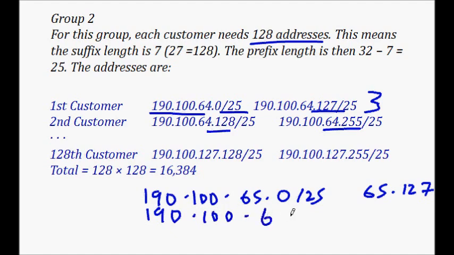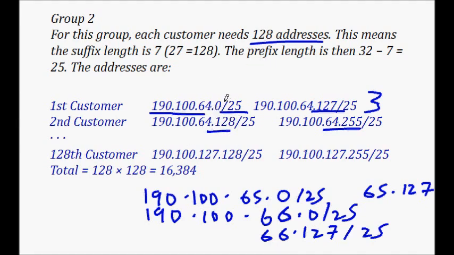Then the fourth customer will be 190.100.66.0/25, going till 66.127, and this will keep on going.